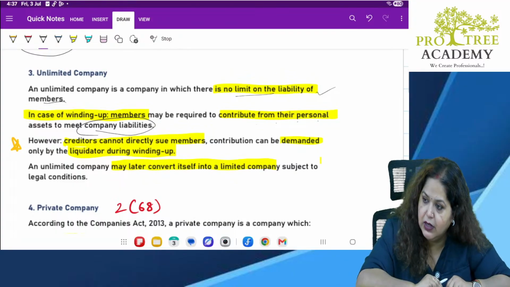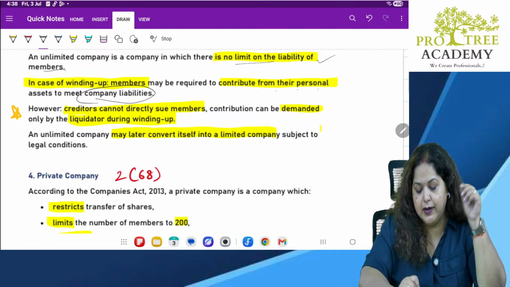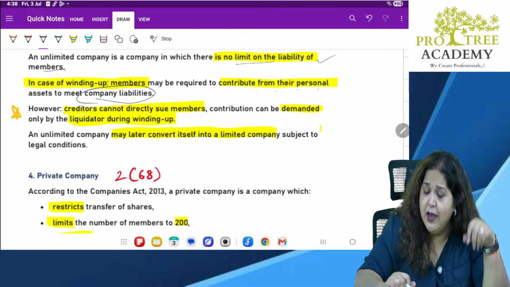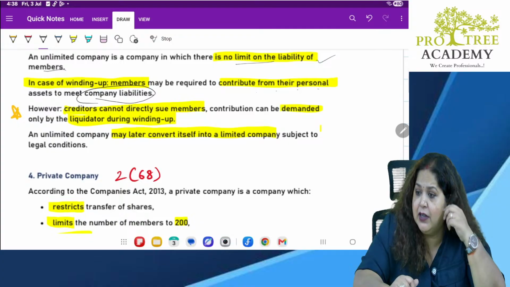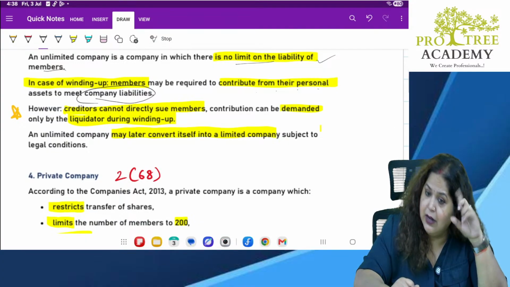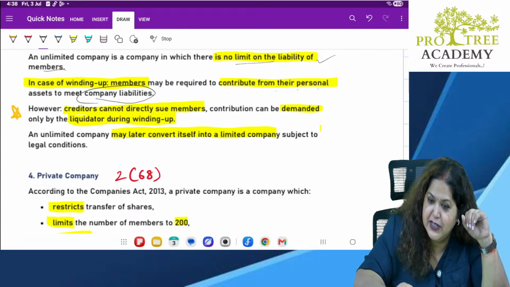Clear? However, this is important: you are a member of that company, and the creditors who had given credit to that company deal with the company, which is different. But in unlimited liability, you are liable for the company's liability.